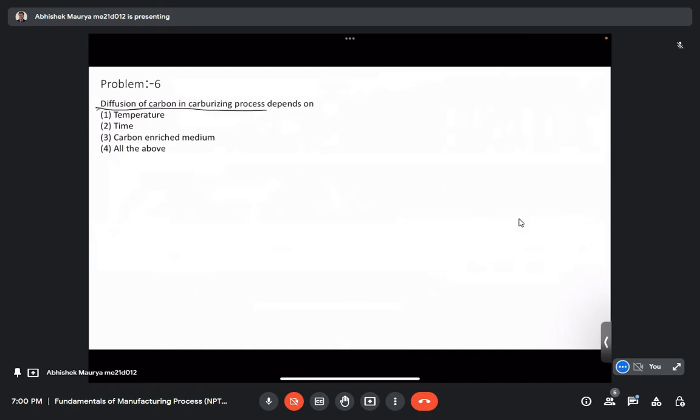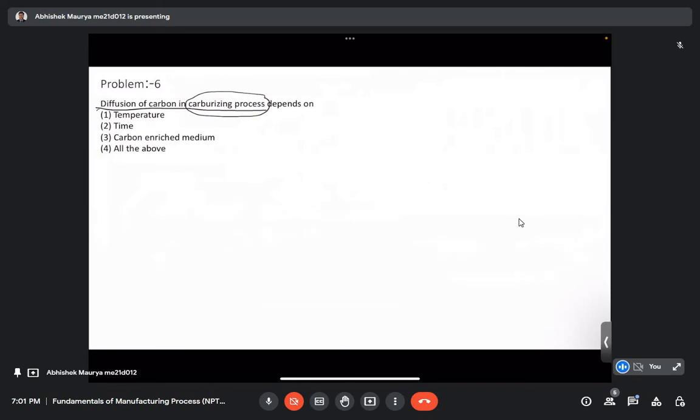We know the carburizing process is one of the processes for improvement of surface property. Especially by the carburizing process, we try to improve the hardness of the materials. So wherever we need wear resistant properties, we go for the carburizing process.